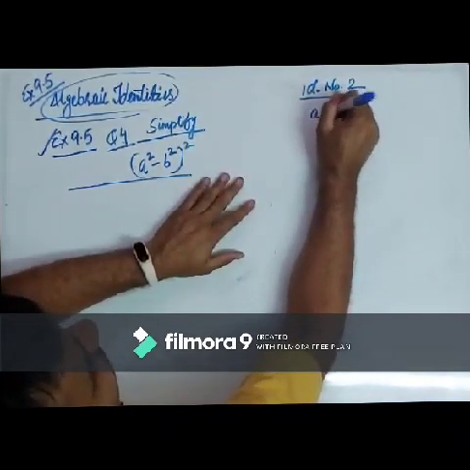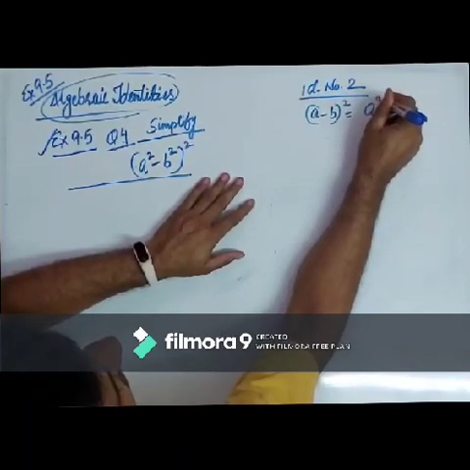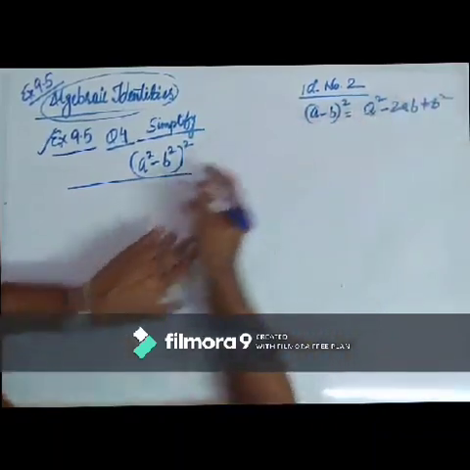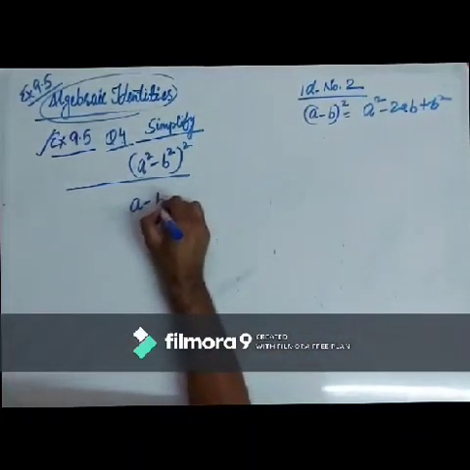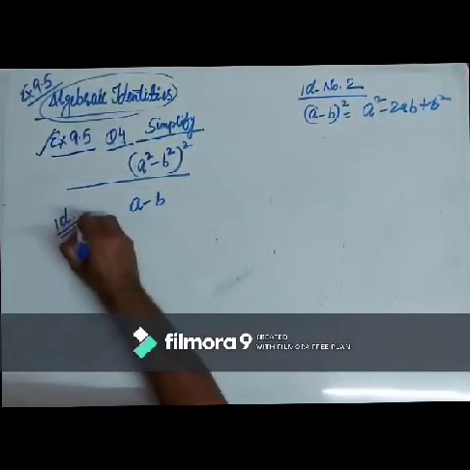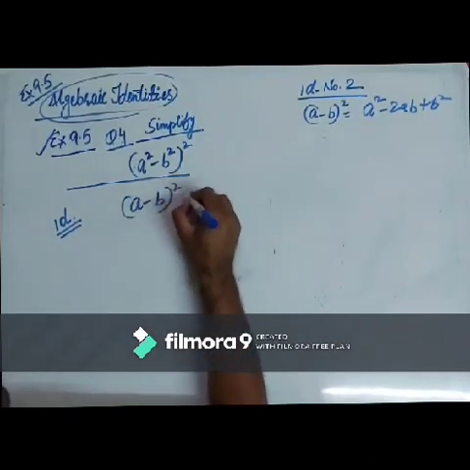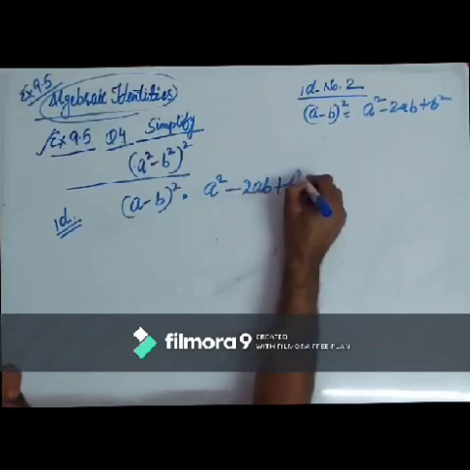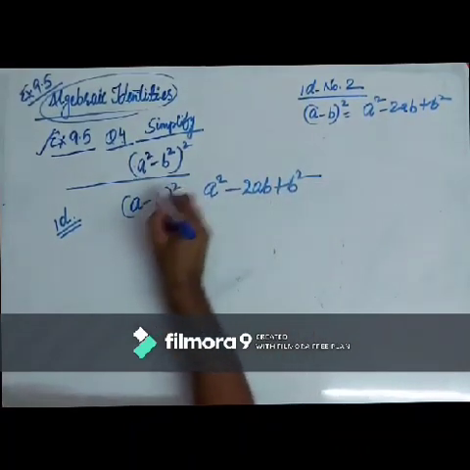A minus b whole square is equal to a square minus 2ab plus b square. So if I write here a minus b identity, write identity first. A minus b whole square is equal to a square minus 2ab plus b square. So just copy this question.